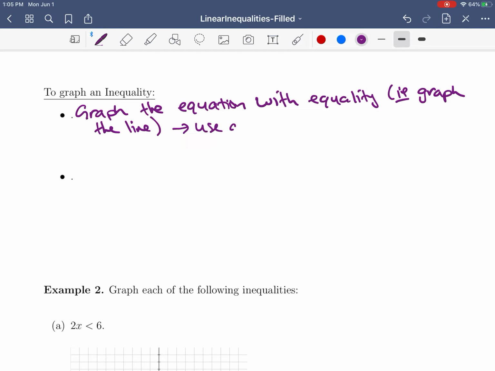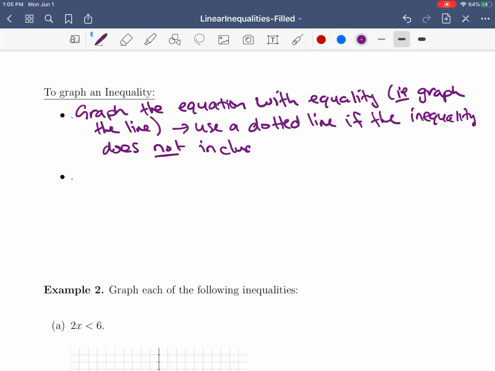And we want to use a dotted line if the inequality does not include equality. Okay, so that's when you have bigger than or less than, strictly, with no equality. So we graph the line, and we know how to do that already.